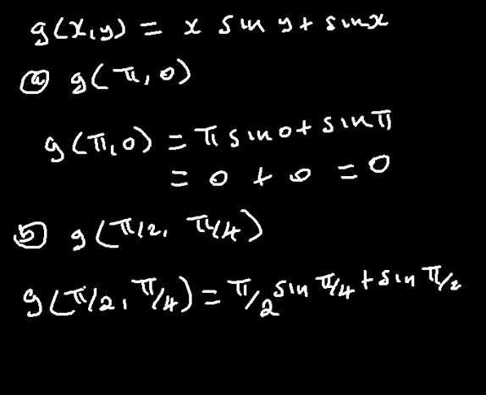So what is pi over 2? Pi over 2 is the same as 90 degrees. So what is the sine of 90 degrees? We have it as 1. So it should be 2 times 1, and plus.